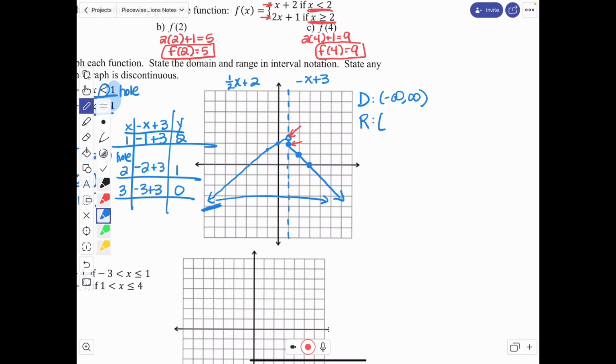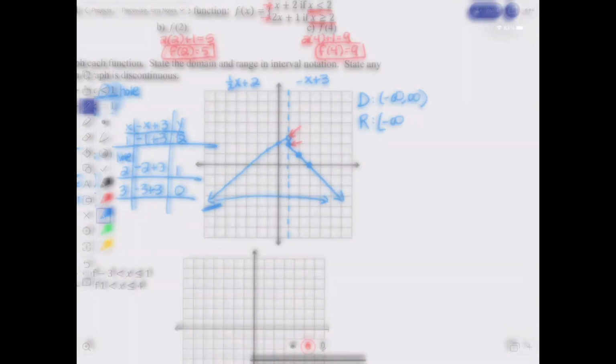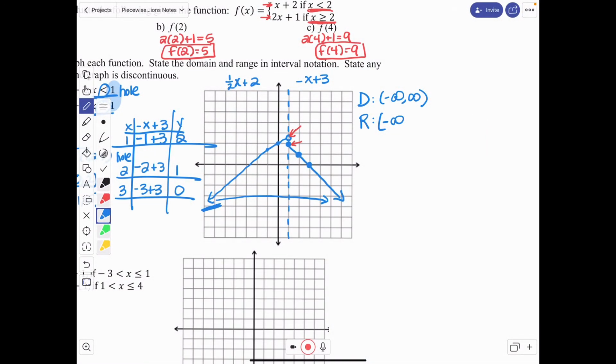So for my range, I would go from negative infinity, and I'm going to see how high it goes, which is going to be right here. Okay, so this is the highest point because this line right here is continuous up until this point right here.